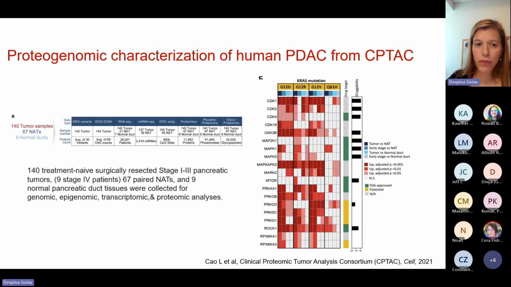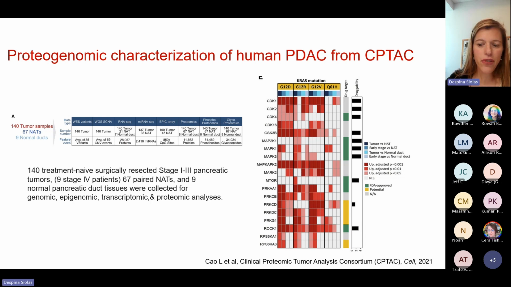PDAC data was published from the human pancreatic cancer cohort. And it has been stratified for G12D and G12R, as well as other KRAS mutations, and shows that there is different downstream signaling between these mutations.